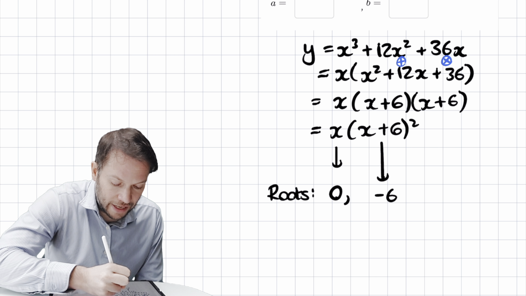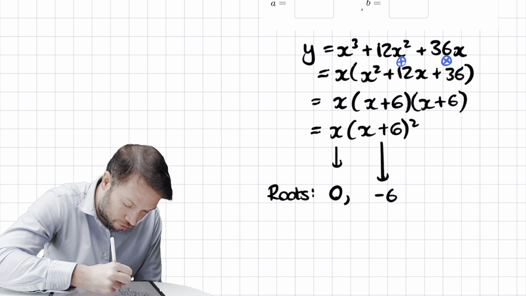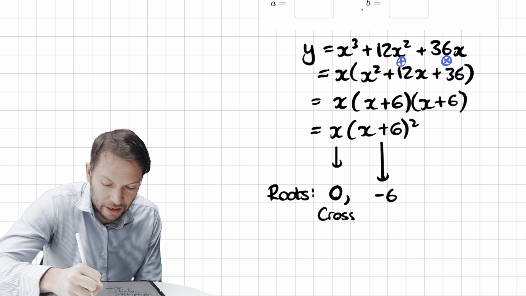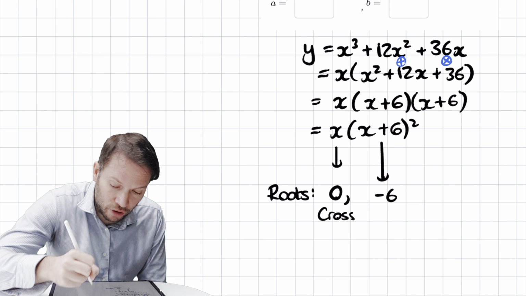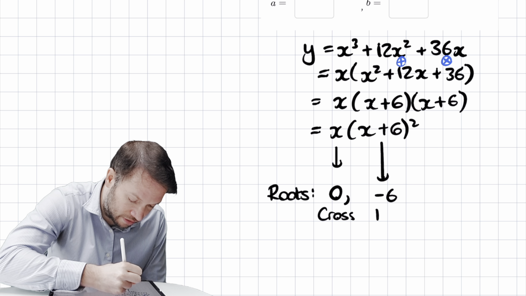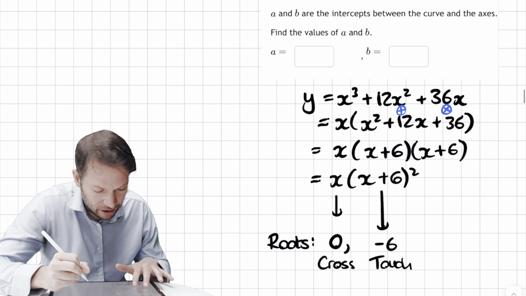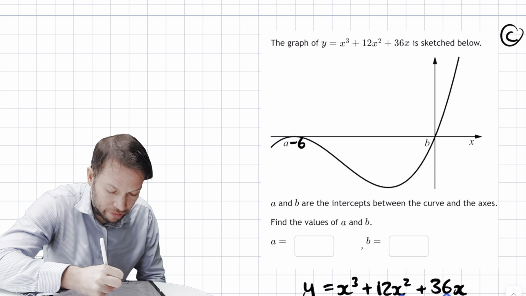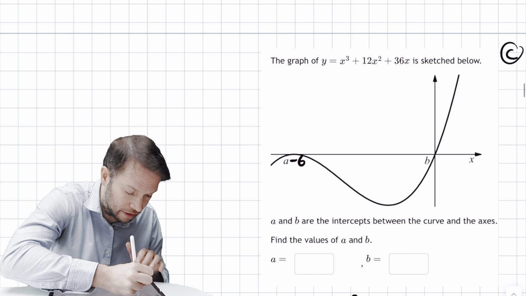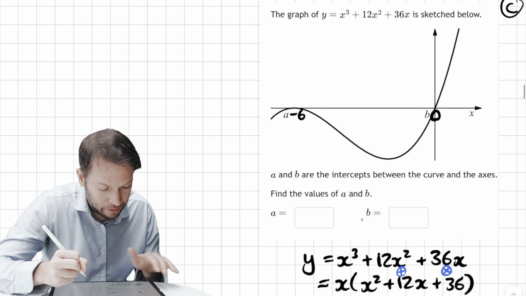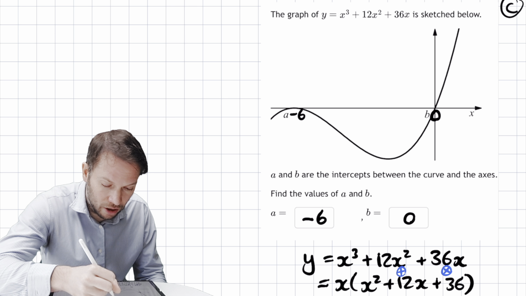Now, this x here is not a repeated factor, it's not squared, so you get a cross at this root, and this x plus 6 is squared, so it's a repeated factor, so you get a touch at the minus 6. Yeah, look, the graph touches the x-axis at minus 6, and you get a cross at the 0. And so that's our A and B: minus 6 and 0. And we are done.